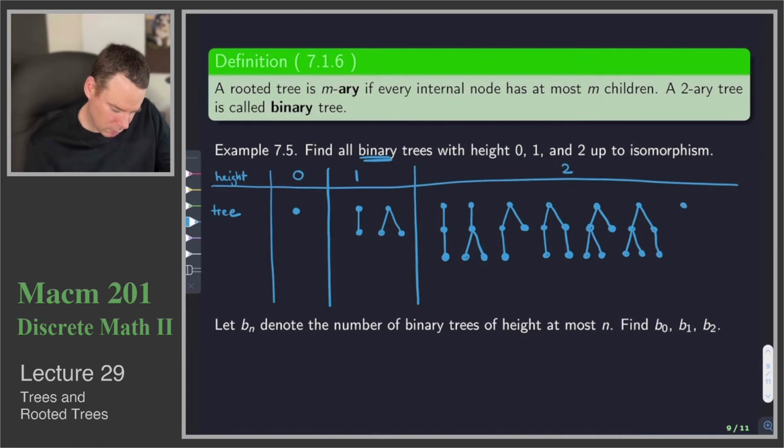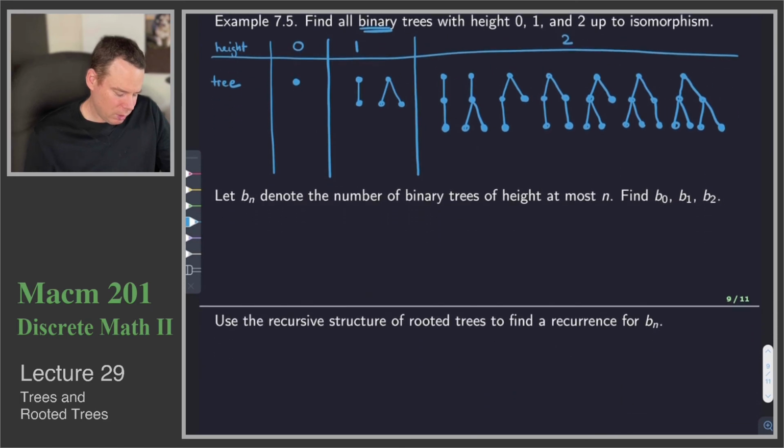Or each of them has 2 children. And we've basically exhausted all the possibilities at this point. So how many did we get? 1, 2, 3, 4, 5, 6, 7. So we've got 7 binary trees of height exactly 2.